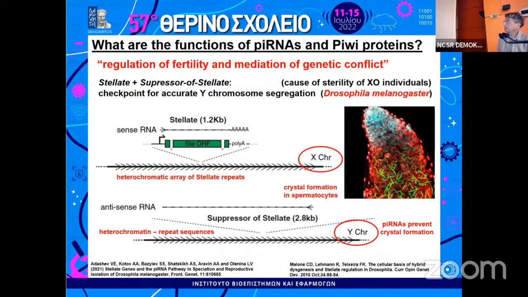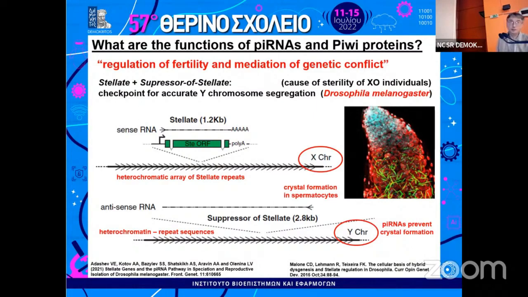This is regulated by a pair of two genetic loci, Stellate and Suppressor of Stellate, which functions like a toxin-antitoxin genetic locus pair, and it functions as a checkpoint for accurate Y chromosome segregation. On the X chromosome, you have a heterochromatic array of Stellate repeats.